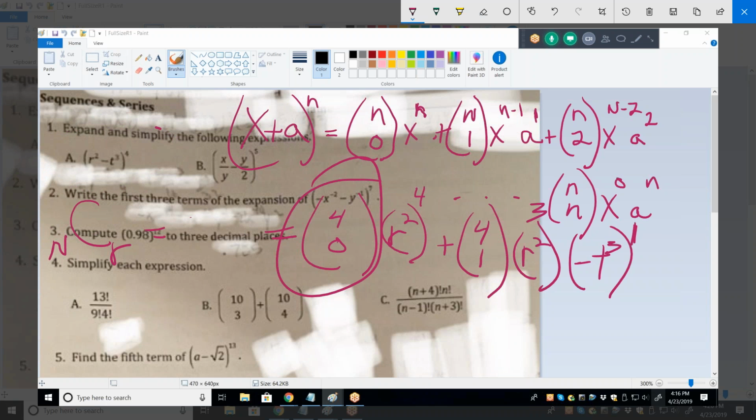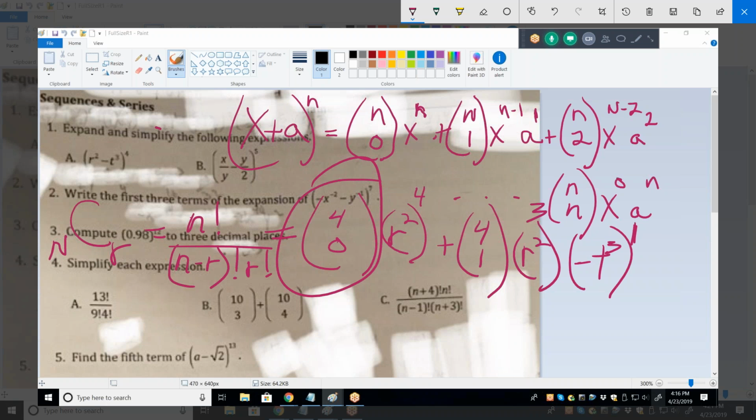N choose r is equal to n factorial over, is that n minus r factorial? That's for a permutation right there. For a combination, you need another term in the denominator. And the way I always remember it is it has 2 n's and 2 r's in it. So what else do we need? Times r factorial.